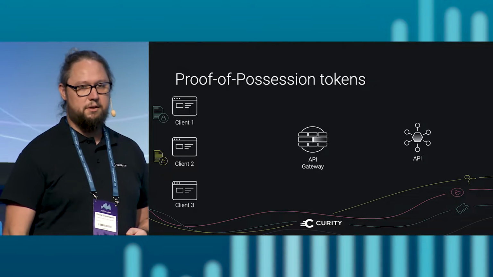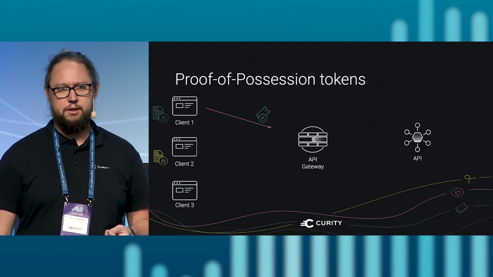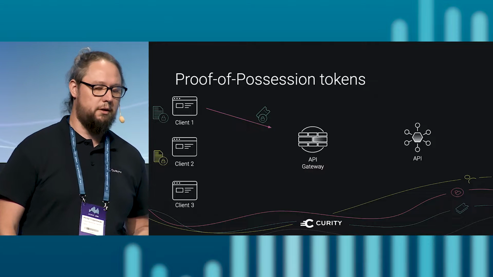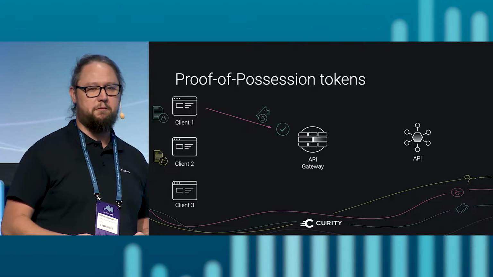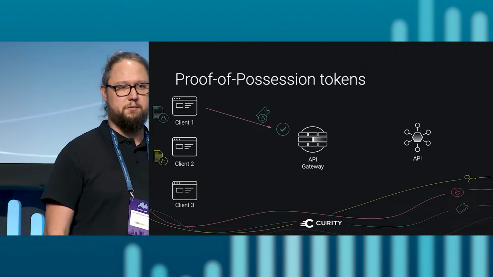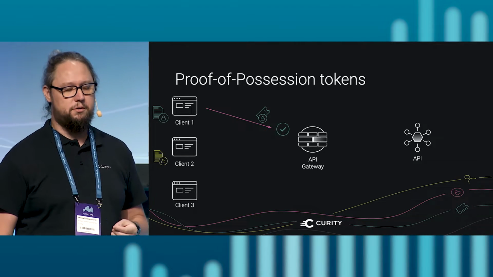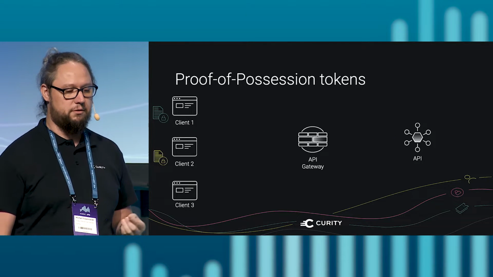It's different in the case of proof-of-possession tokens. So when a client is issued a proof-of-possession token, they send the token to the API, but now the API verifies not only the signature and the expiration date, but also that proof of possession, so it verifies whether that client was allowed to use that token, and it will send the request to the API only if the client was allowed to do it.